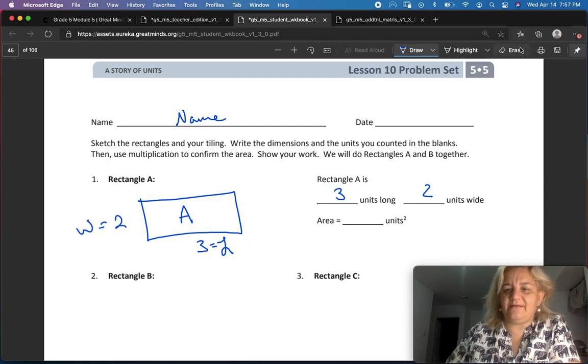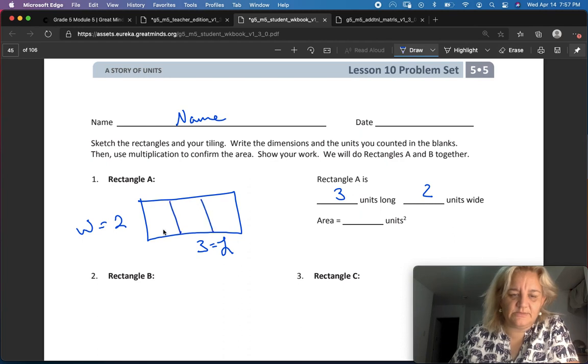And the area is going to be 1, 2, I cut it in 3, 1, 2, 3. Now this one I'm going to cut it in 2, and I can count 1, 2, 3, 4, 5, 6. Okay, 6 units squared. Do you see that squared? Super important.